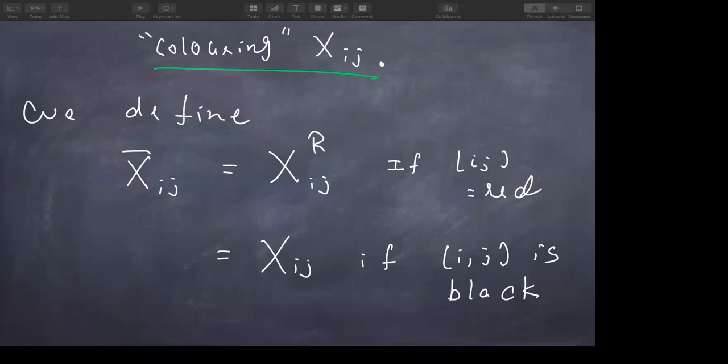And it turns out it's quite similar to what we had earlier. So the previous analysis almost works, but with one interesting caveat. So let me define Xij. Now we have two species of Xij, remember, because my Ij can be red or black. So I'm going to call it XijR if Ij is red, and I'm just going to call it Xij as before if Ij is black.